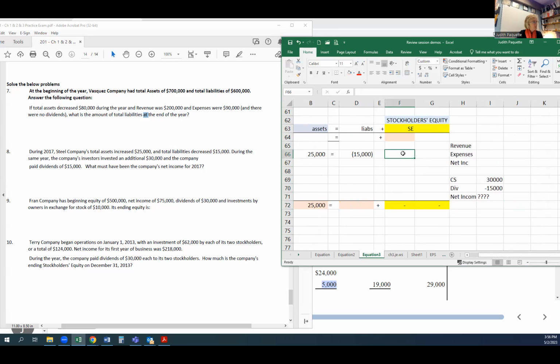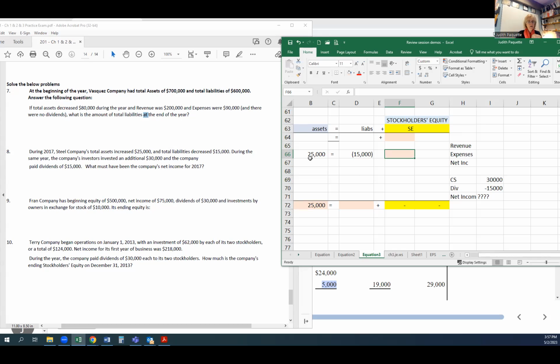First off, let's solve for the net change in stockholders' equity. If we know assets went up 25, liabilities went down 15, what does stockholders' equity have to be? What's the change in stockholders' equity? All you got to do is make an algebraic equation.